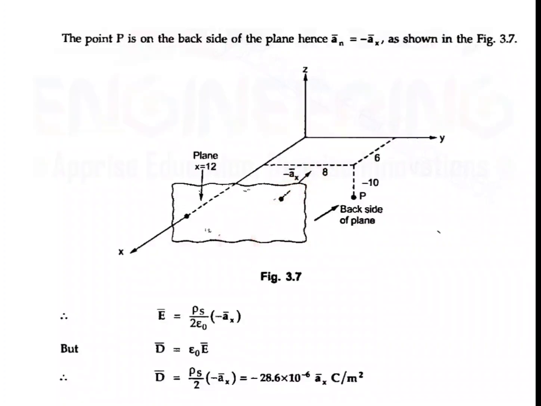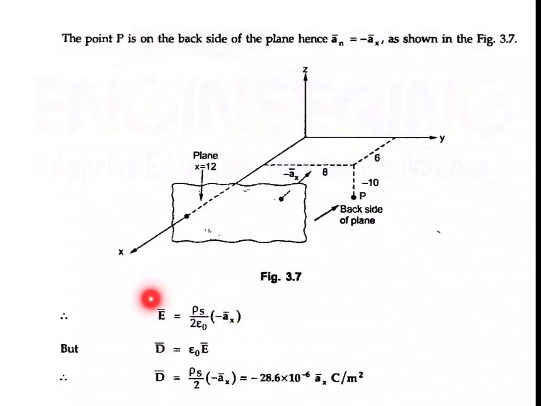This is the positive direction, this is the opposite direction. Why? Because the point P is on the back side of the plane x equal to 12. When you observe this figure, it is clearly mentioned that this is the plane x equal to 12, and the point lies nearly at x equal to 8, that is the back side of the plane. That means the direction of AX is opposite, that is AN bar is taken as minus AX bar.